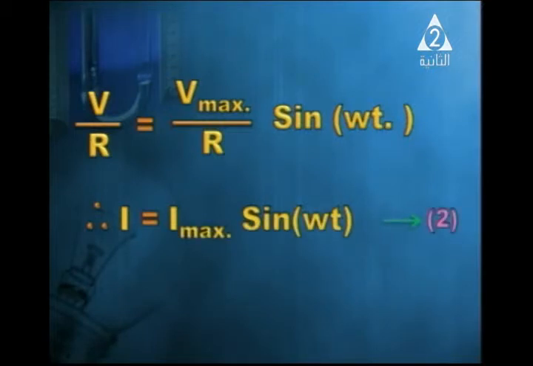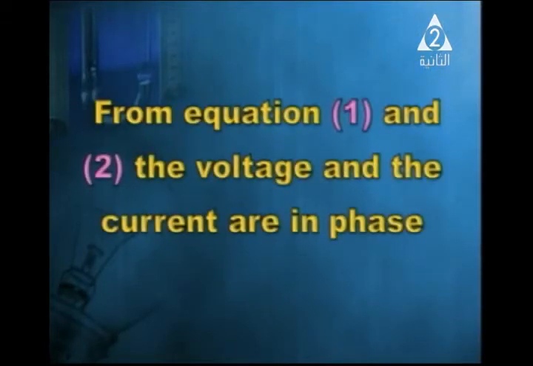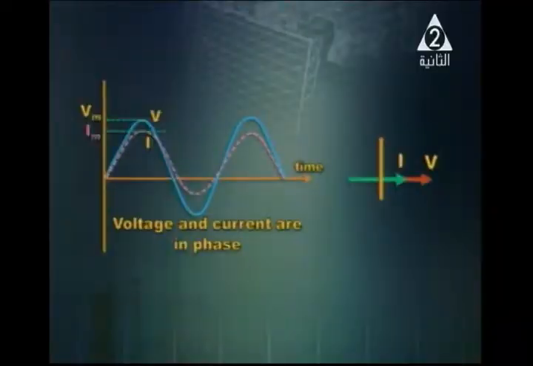When we compare these two equations, V instantaneous equals V maximum sine omega t, I is equal to I maximum sine omega t, it is quite clear that the voltage and current are in phase. So the phase angle between them is 0. It is shown in front of you.